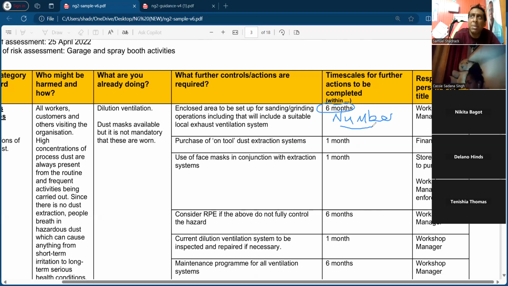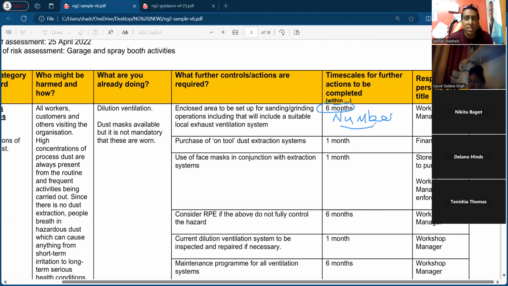Right? So let me give you some words that people use, but please remember this is what not to do. I'm not writing it here because I feel if I write it, you'll get the idea that you have to do it like that. So I just wrote the word number there. It must be a number, right? So just two examples of what not to do: some people put words like ongoing.